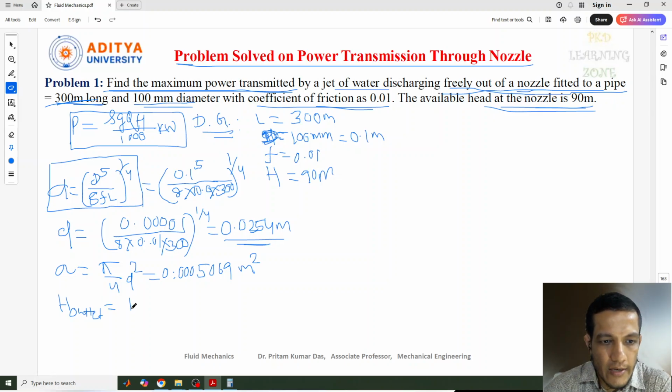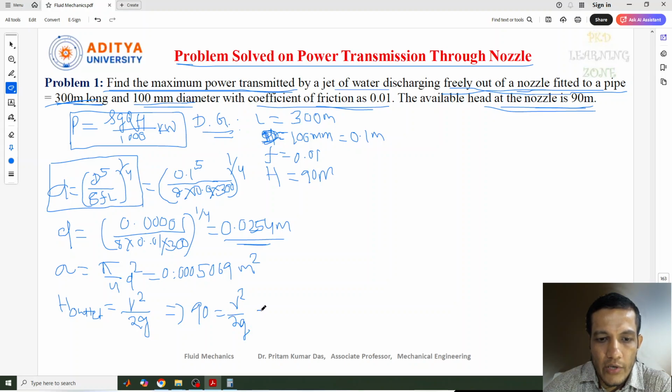So H at the outlet we can write as V square by 2G. We already discussed in our theory part how it came: the total energy present in the fluid is converted to kinetic energy at the nozzle. So the head at the outlet equals the kinetic head, V square by 2G. Now H outlet we know is 90, already given.